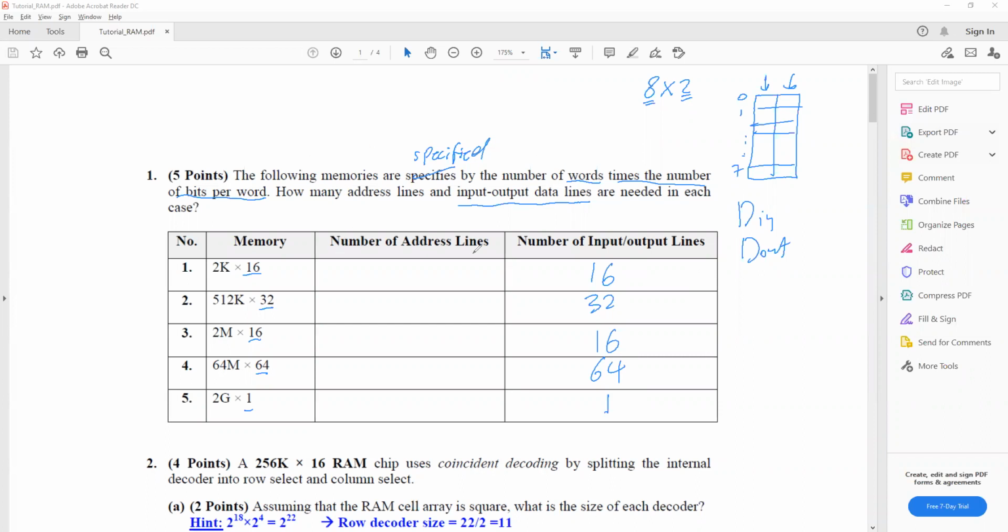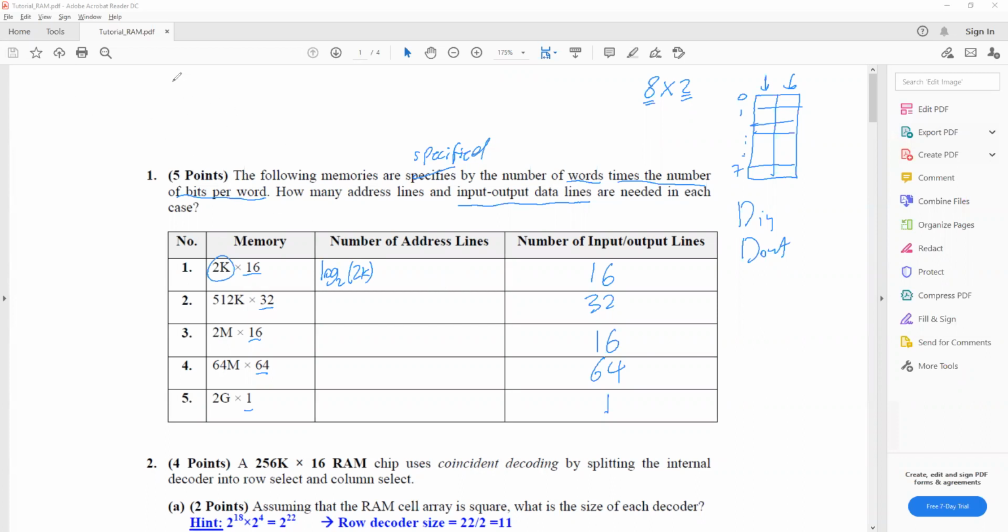طيب, for the number of address lines, means how many bits your address should have so you can address these memories. For the first one is 2K. So mathematically the way you do it is log 2 of 2K. And of course you need to memorize the special powers of 2.